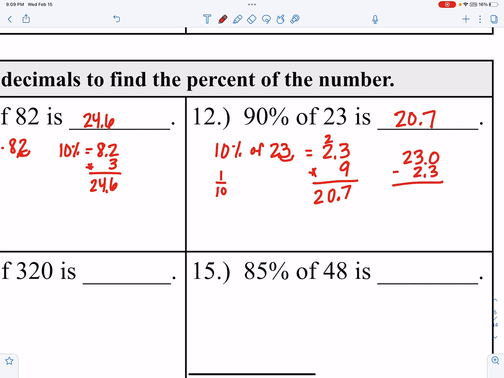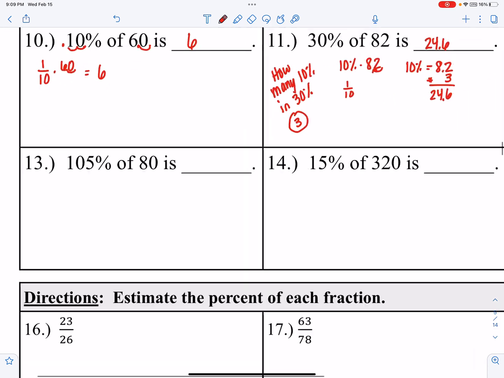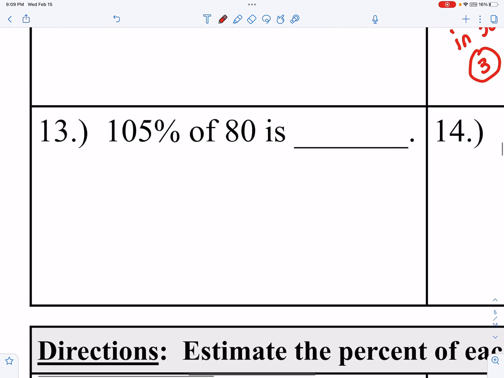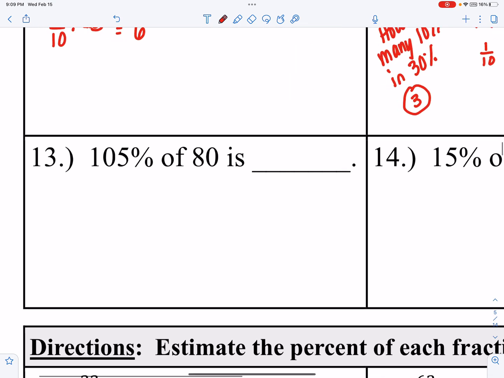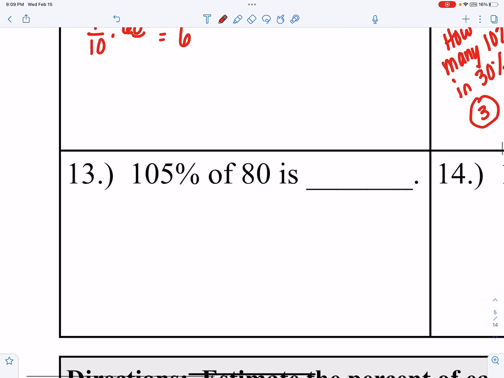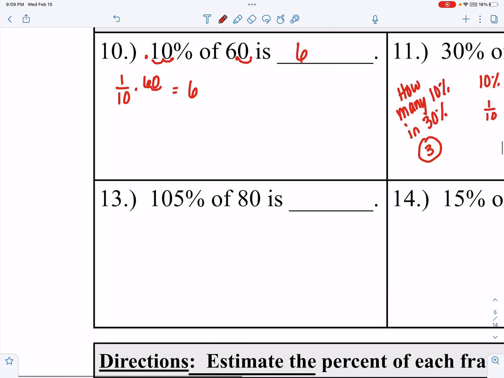Okay. All right, let's go ahead and take a look at this. So we have 105% of 80. In this section we're getting into 5%. Another great mental math strategy is, if you know what 10% is, then obviously you can figure out 5% because it's just half. So let's look at the one up here.